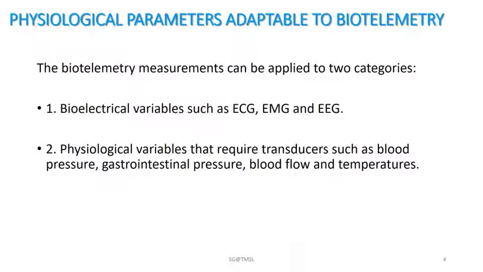Second category, physiological variables that require transducers, such as blood pressure, gastrointestinal pressure, blood flow, and temperature. These require excitation, because the physiological parameters are measured as variations of resistance, inductance or capacitance.